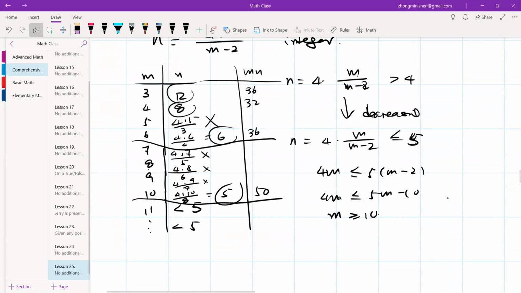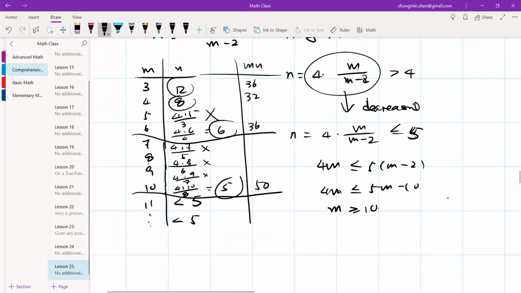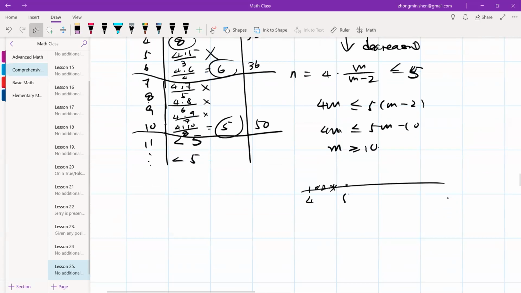The expression is in the range between 4 and 5, and there it will never be an integer. So it's not necessary to keep checking larger values of m. Stop there at 10. Yes, this actually is a number theory problem.